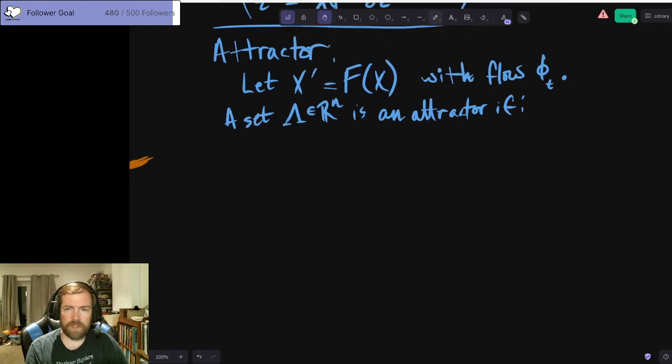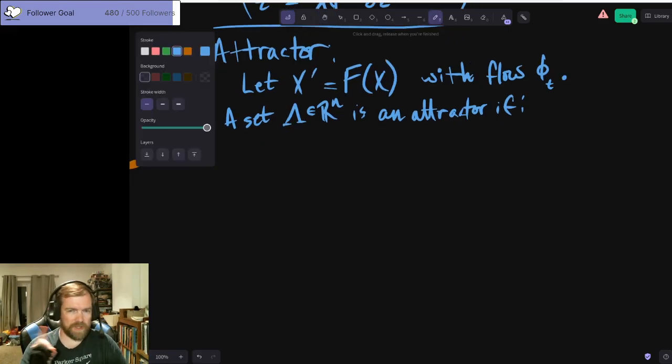So there are particular rules that have to be followed if you want to know whether something is an attractor.